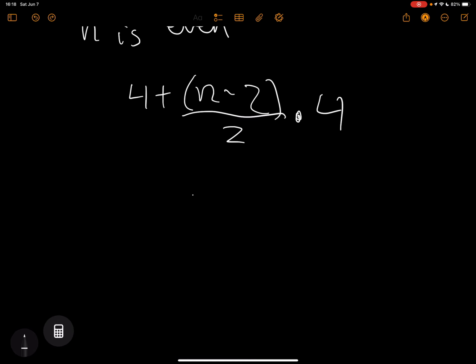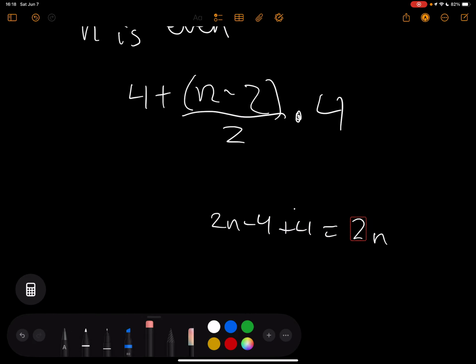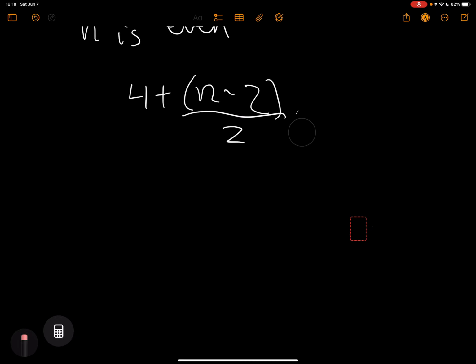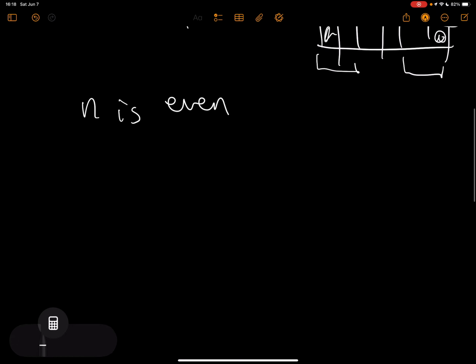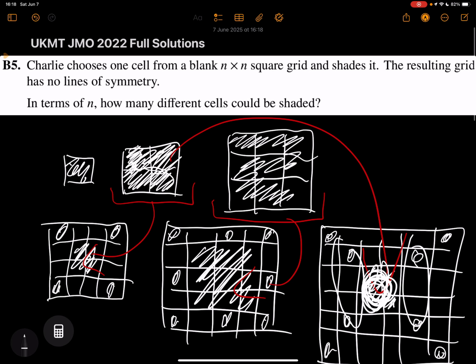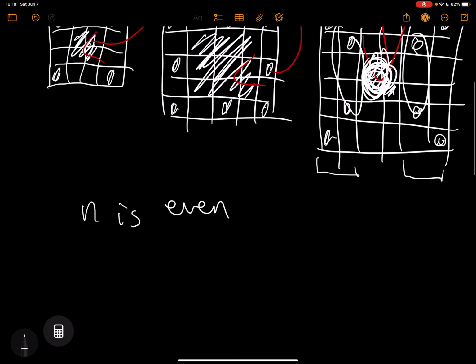Well, let's see. 2n minus 4 plus 4 is equal to 2n. And therefore, we just found that when n is even, the number of squares that can be colored so that it has lines of symmetry is 2n.